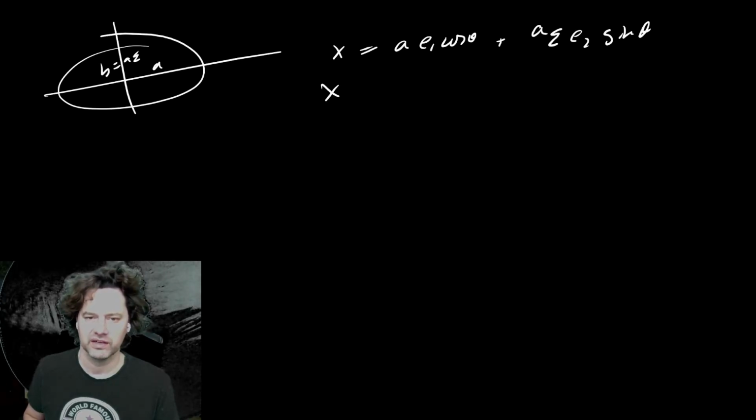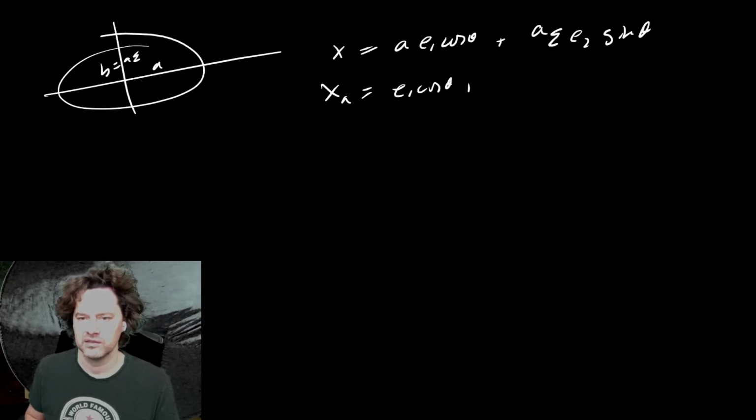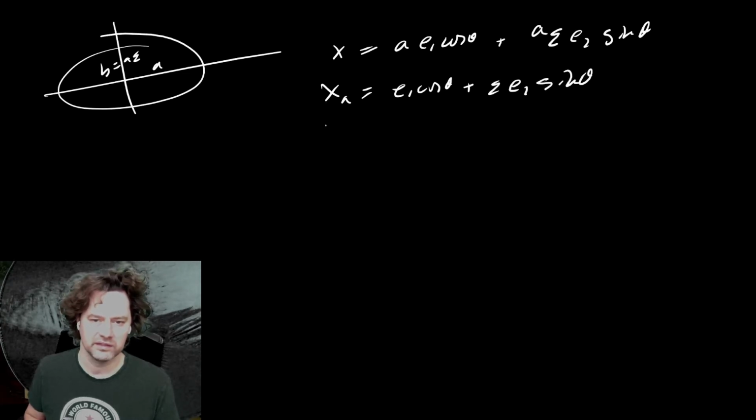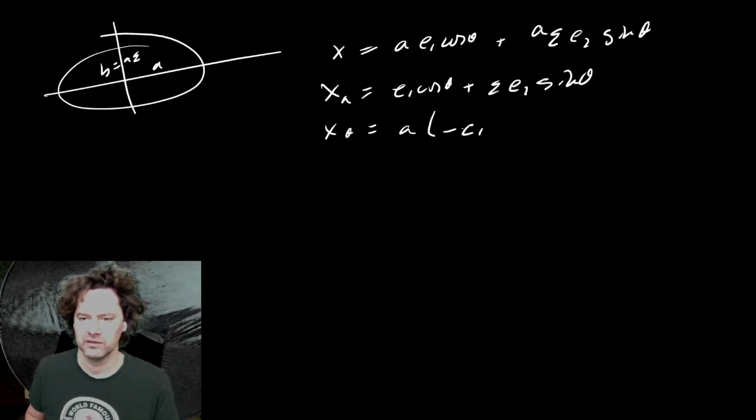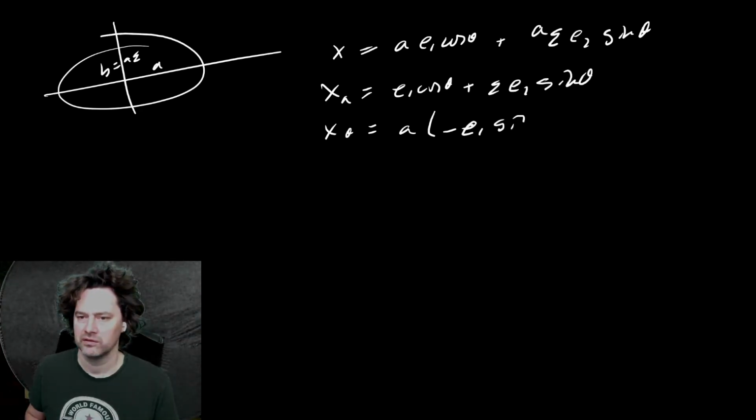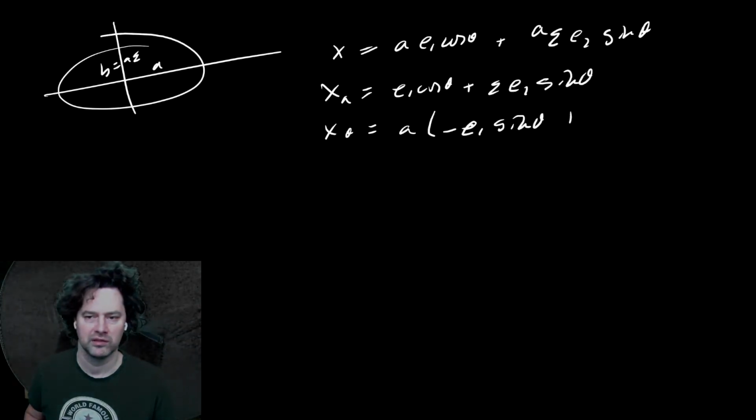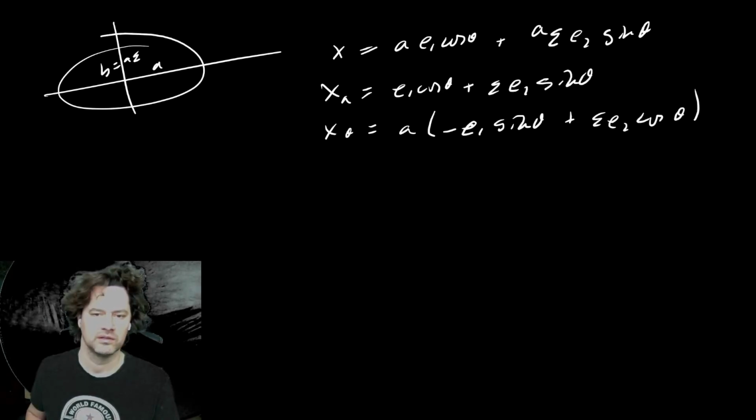If we compute our x_A, that is just e1 cos theta plus epsilon e2 sine theta, and our x_theta is A times minus e1 sine theta plus epsilon e2 cos theta.